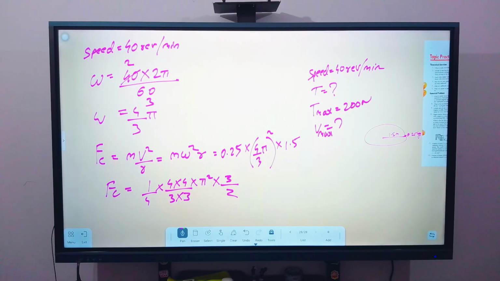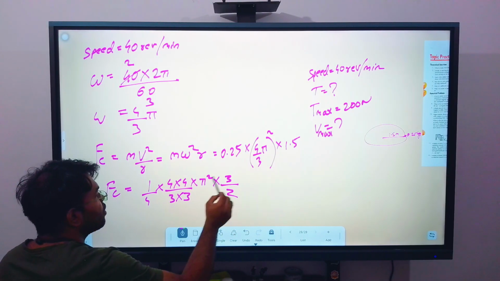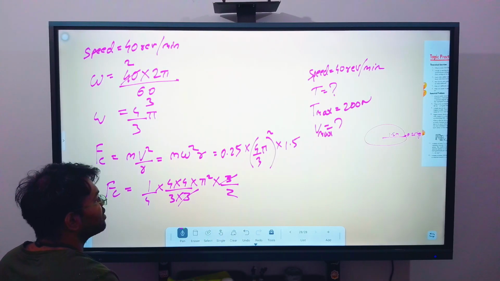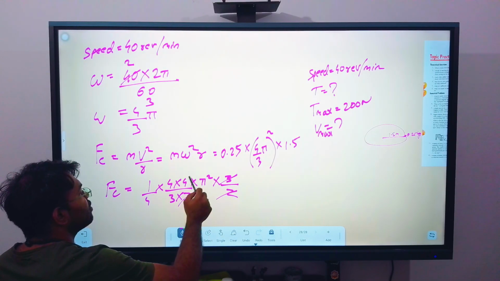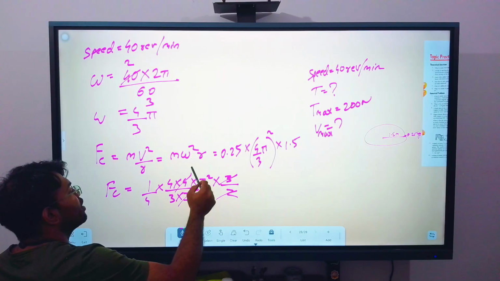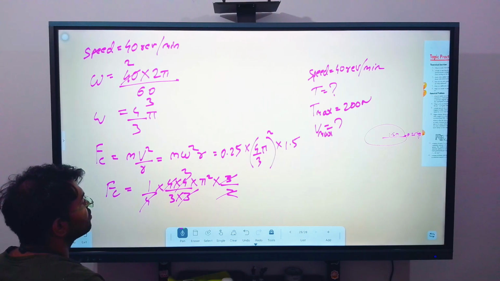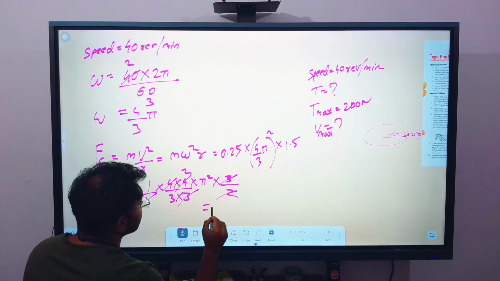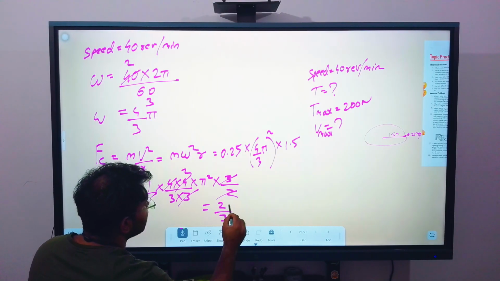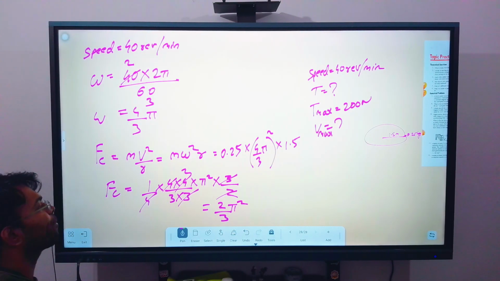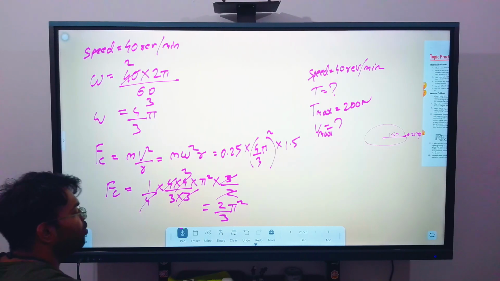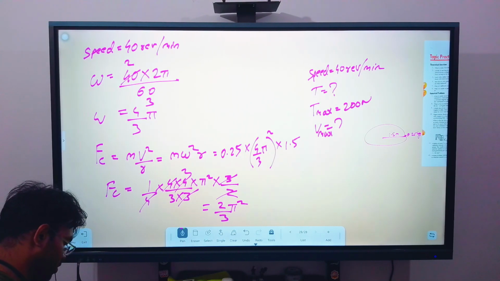So I've written 0.25 as 1 upon 4 and 1.5 as 3 upon 2. So this 3 and this 3 gets cancelled. This 2 and this 2 becomes equal to 2. This 4 and 4 gets cancelled. So you will be left with 2 by 3 pi squared. So what is 2 by 3 pi squared equals to?